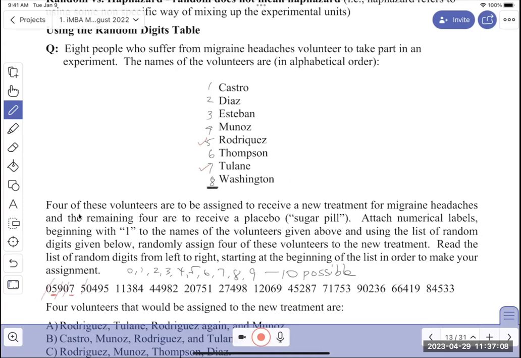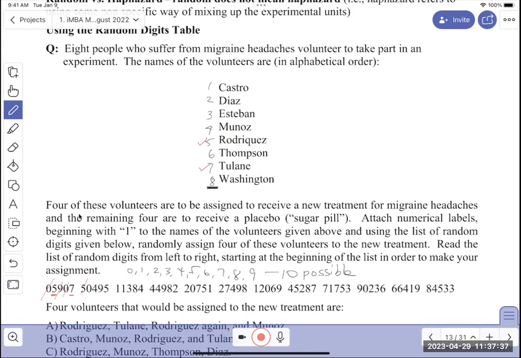Because this is going to be a medical trial, I don't allow Rodriguez to be chosen again. Now, mathematically, it's showing up, but I'm going to skip it because he's just not eligible because he already had the treatment, and that will affect his reaction or his response or his impression.